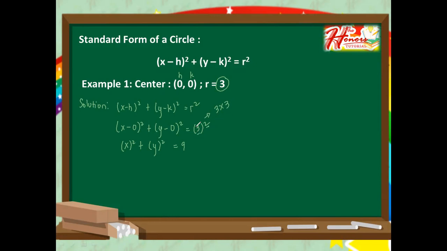So let's simplify. So we have here x raised to 2, that is x squared. Why x squared? Because we have here an invisible exponent for x, that is 1. It is because when the exponent of your variable is 1, it is an invisible number. So we don't write it, but it is there.